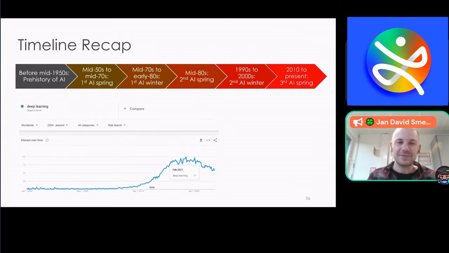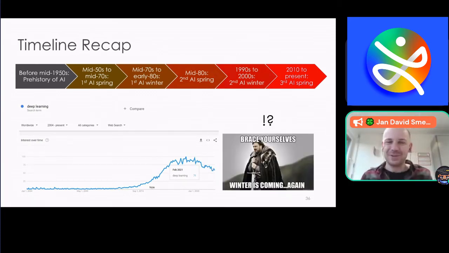You will see recently a little bit of a decline again. So the question whether winter is coming is a valid one. I don't know. I would argue we have now sort of seen the iPhone moment of AI and machine learning. So my bet would be it's not going away, but maybe just a little bit less temporary excitement.